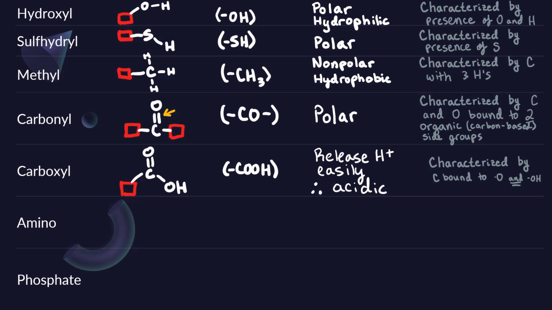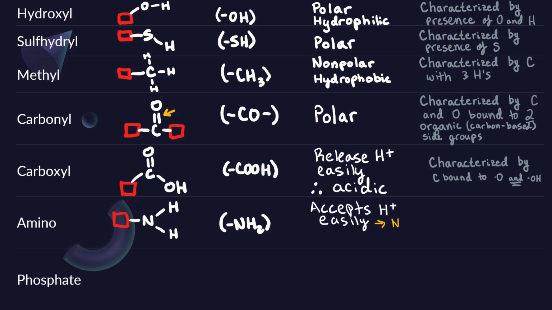Next, we have our amino group, which is our nitrogen with 2 hydrogens. Now, conversely, amino groups accept protons very easily and can form NH3 from that, okay?